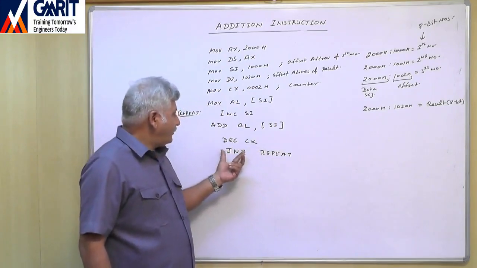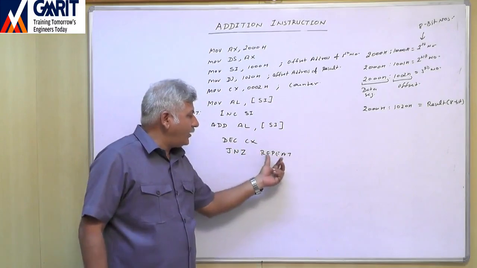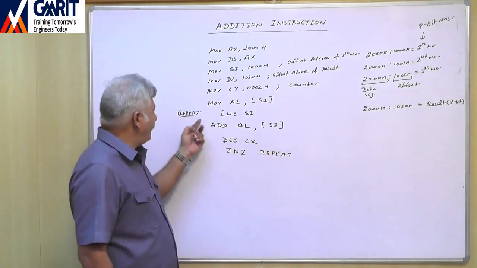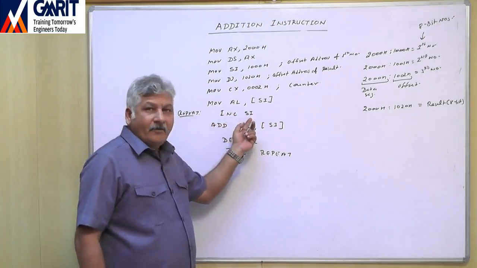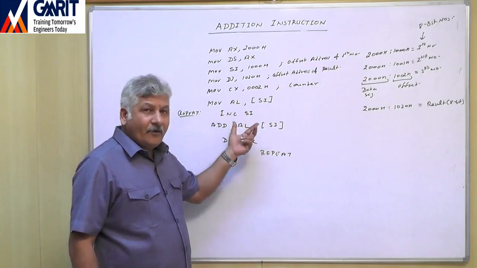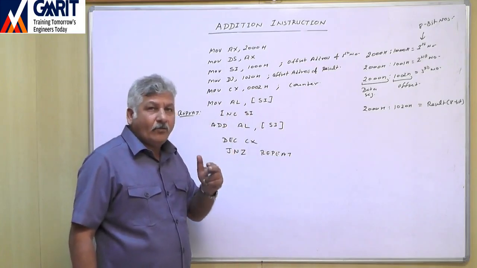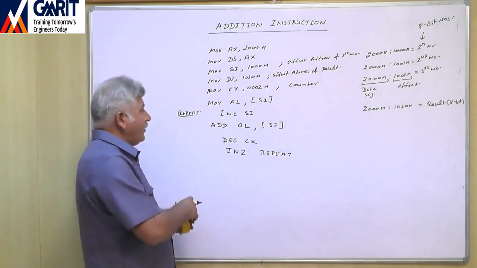That's why jump no 0. This instruction will send the program to the label repeat. Again the program comes here. Then INC SI. It will increase the value of SI by 1. Now SI will become 1002, which is the offset address of my third number, right?